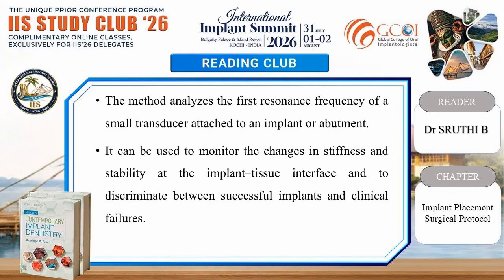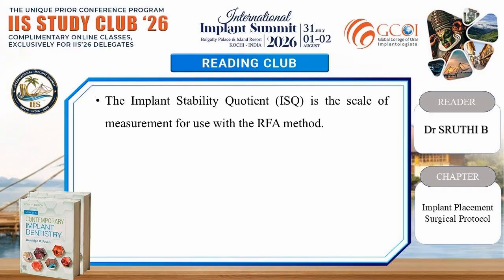The method analyzes the first resonance frequency of a small transducer attached to an implant or abutment. It can be used to monitor the changes in stiffness and stability at the implant tissue interface and to discriminate between successful implants and clinical failures. The implant stability quotient ISQ is the scale of measurement for use with the RFA method.